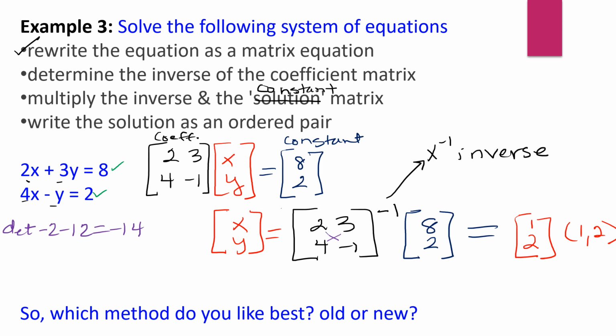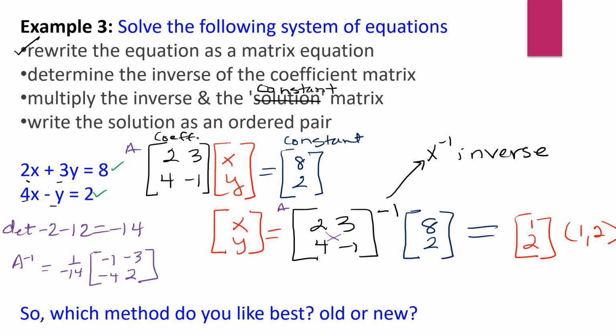And I'm going to take the inverse, so let's call it matrix A to make it easy. So A inverse is going to be 1 over -14 multiplied by, change the places, so -1 and 2 for the first and last, and change the signs of the others, -3 and -4.